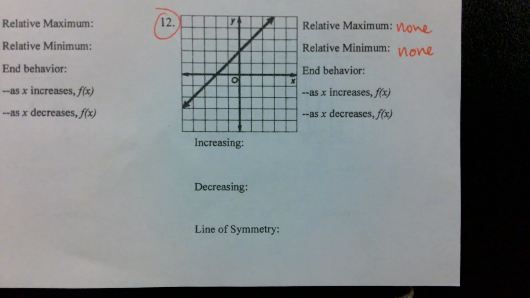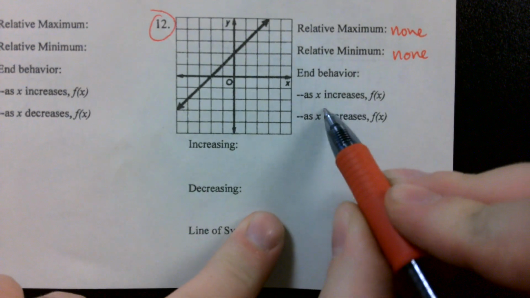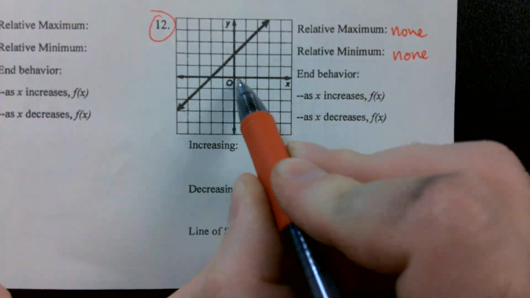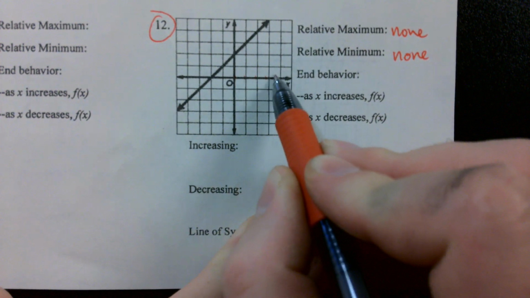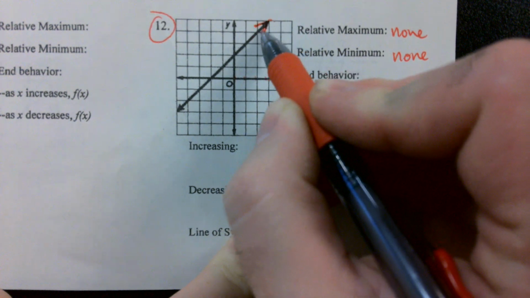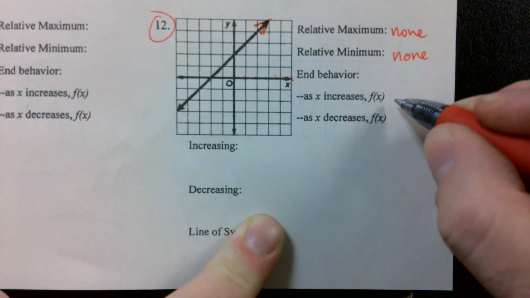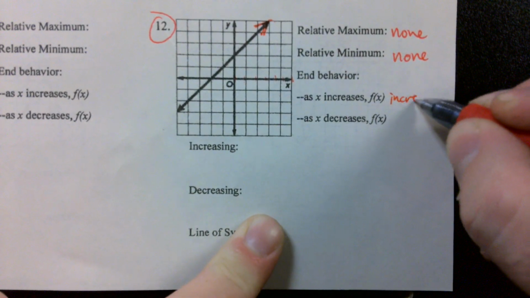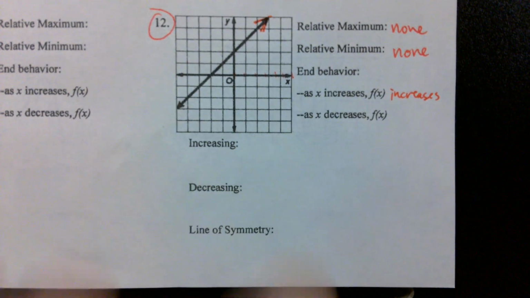Now, my arrows are going different directions, so I got to be careful here. As x increases, so as my x values are increasing in their numbers, what direction is my arrow pointing? Up. So my function increases as x increases.